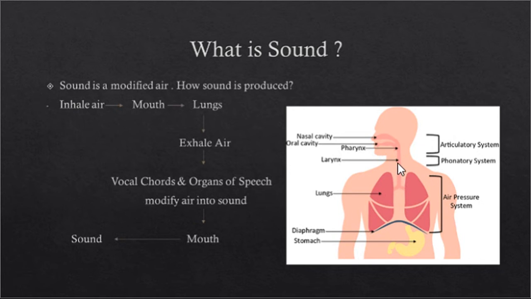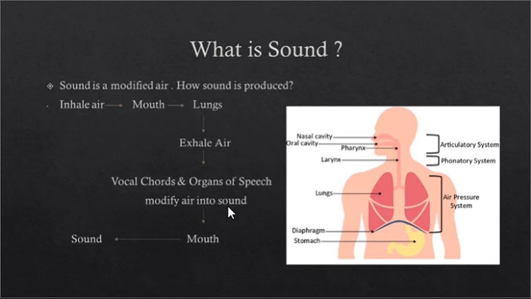when this air comes out from the mouth, these vocal cords and organs of speech, for example, tongue, lips, teeth, upper jaw, lower jaw, upper hard palate, lower palate, uvula, etc. All these organs of speech and vocal cords modify this air into sounds, and from the mouth you produce some sounds.